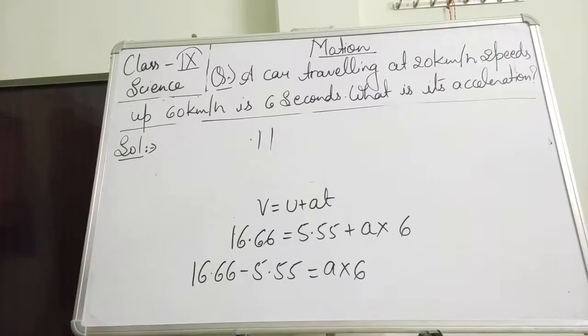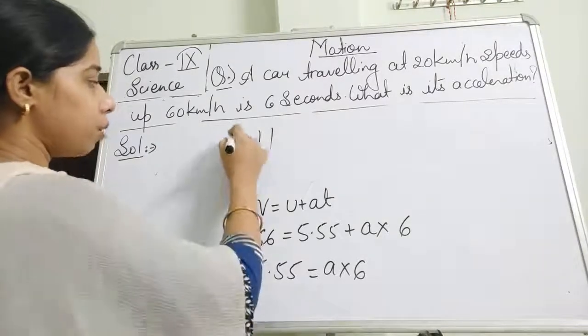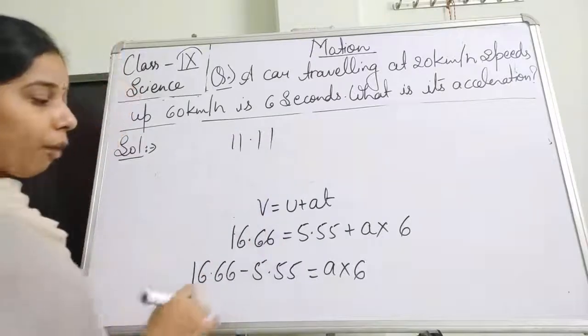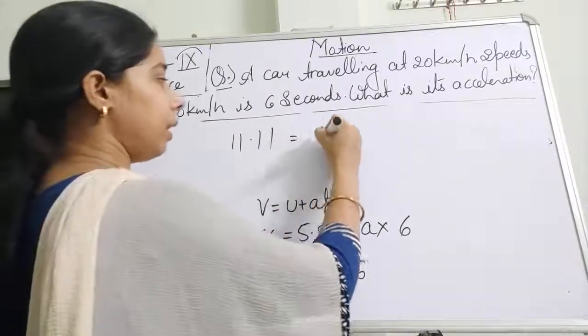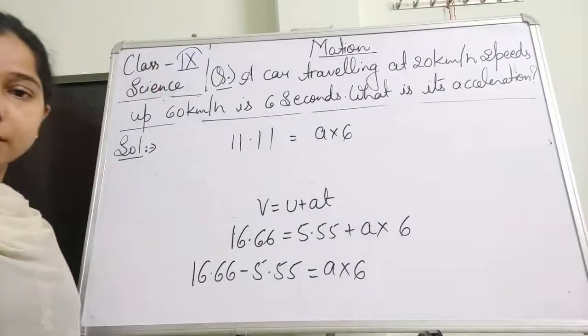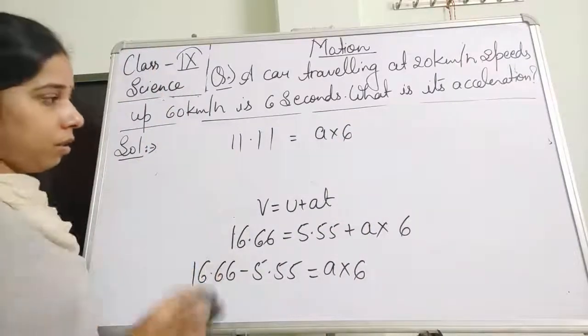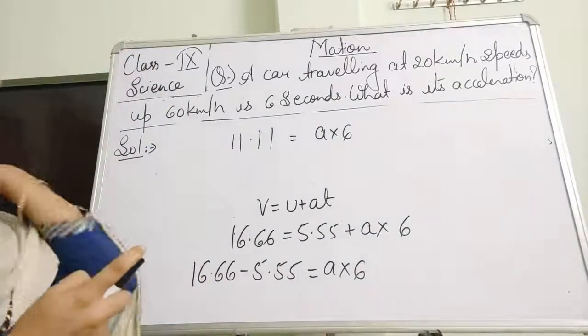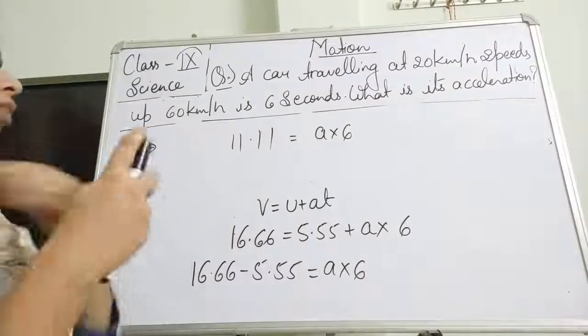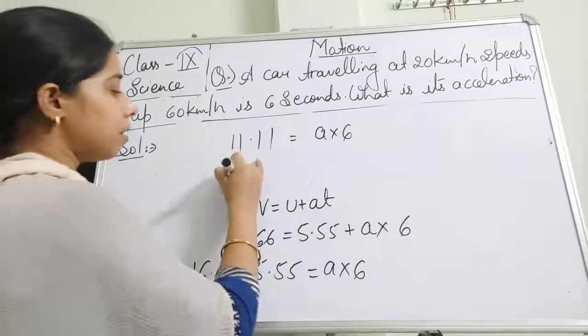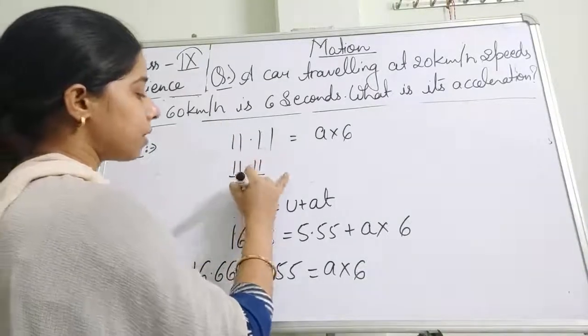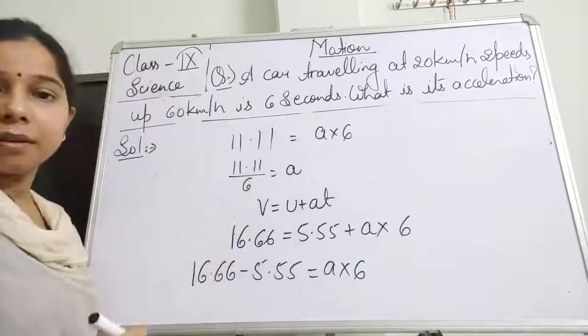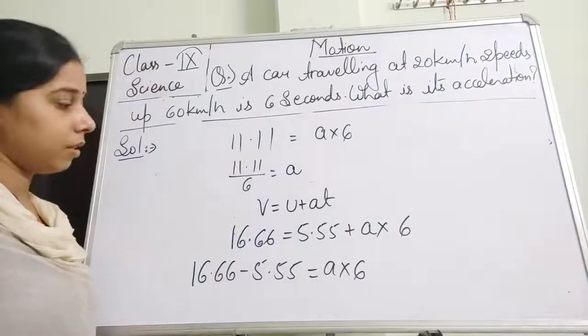This will be 16 minus 5, equal to 11. 11.11 is equal to a into 6, right? And then we have to find the acceleration, so we can simply write it as 11.11 upon 6 is equal to a.